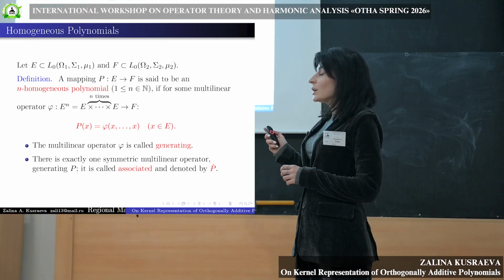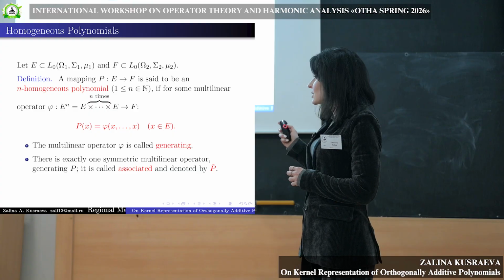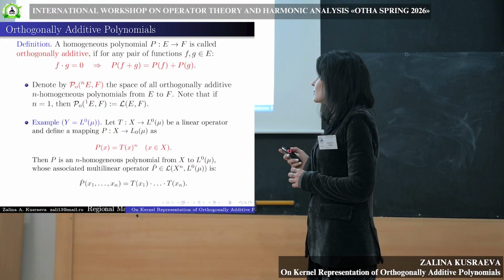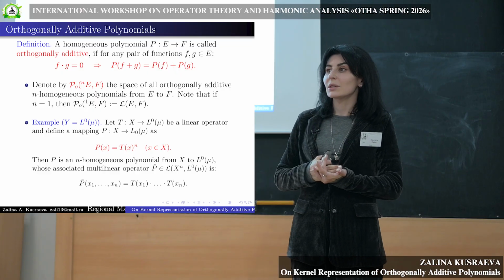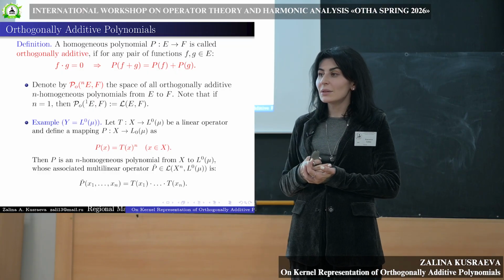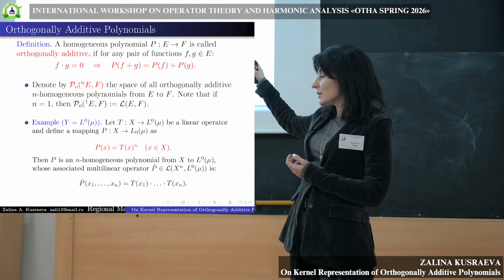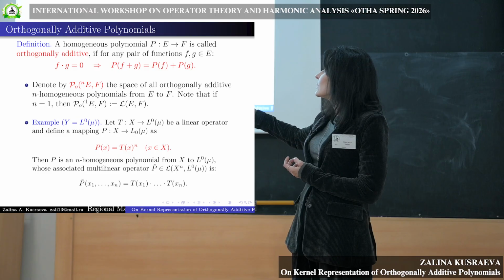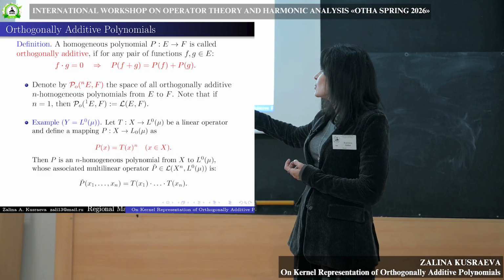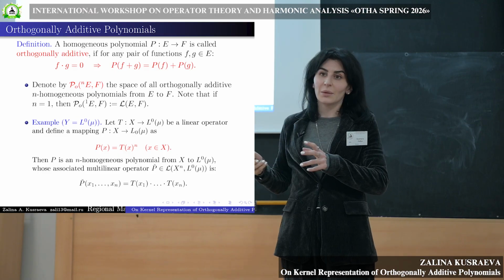Okay, we investigate a special class of polynomials which is called orthogonally additive polynomials. A polynomial is called orthogonally additive if the additivity equation is fulfilled for a pair of disjoint elements.